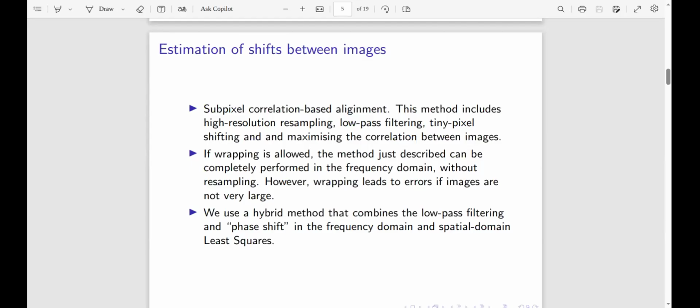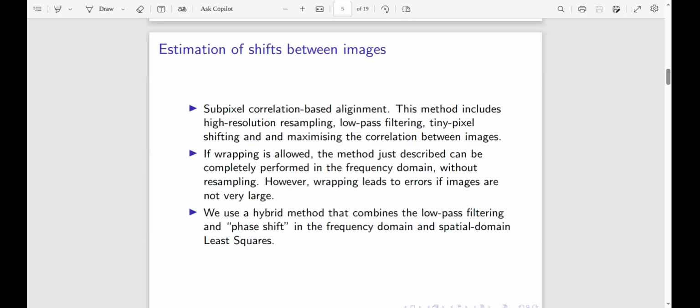So first, you attempted a different high resolution resampling, then low pass filtering and some small shifting, right? Yes. The first method, I think, was patented.